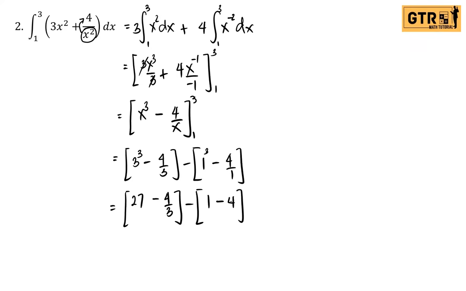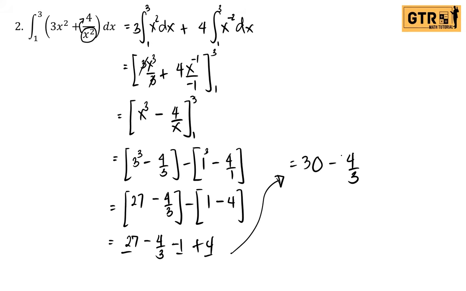Let's remove the parentheses, the symbol of grouping. The 27 minus 4 over 3 stays. This will become negative 1 and positive 4. Combine all the whole numbers: 27 minus 1 is 26, plus 4 is 30, minus 4 over 3.